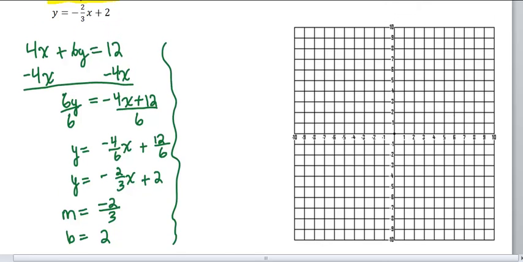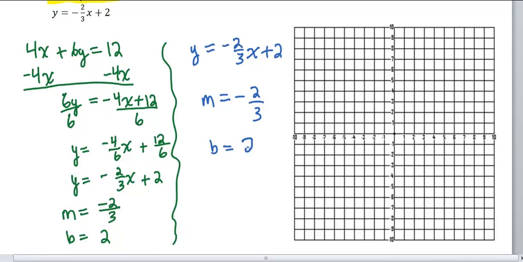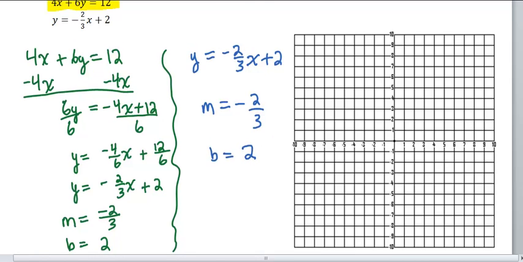Let's look at the second one. We have y equals -2/3 x plus 2. It's already solved for y, so we can tell what our slope is. Our slope in this example is -2/3, and our y-intercept is 2. Wait a minute here.